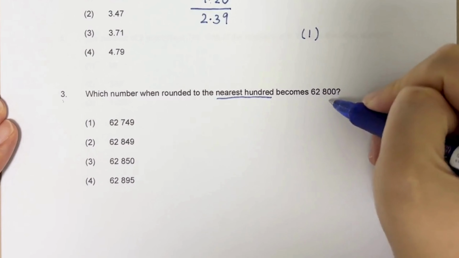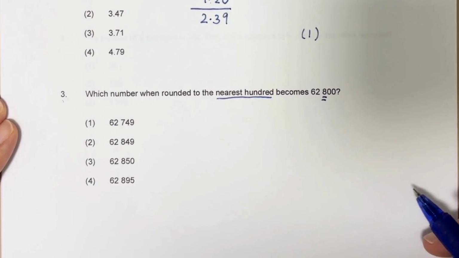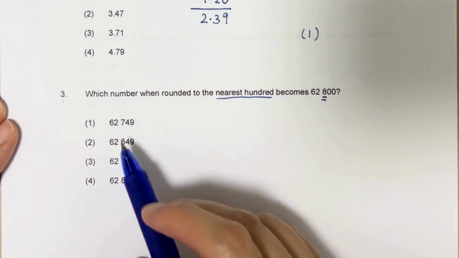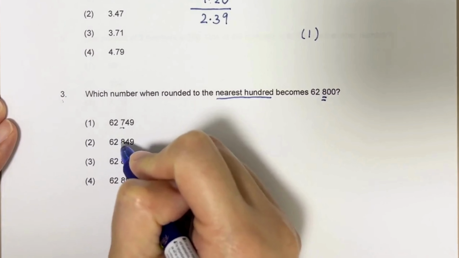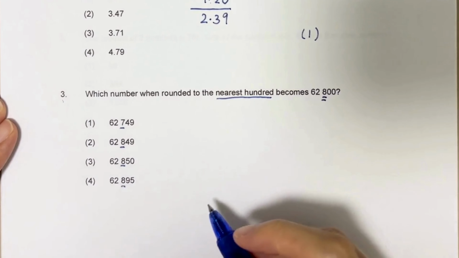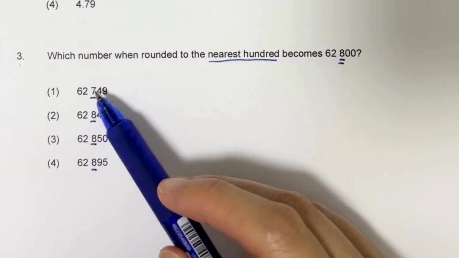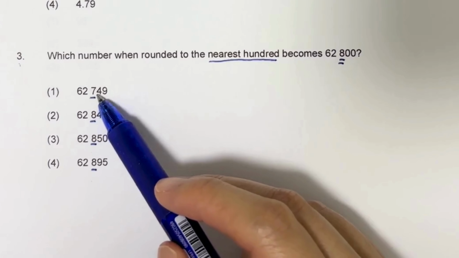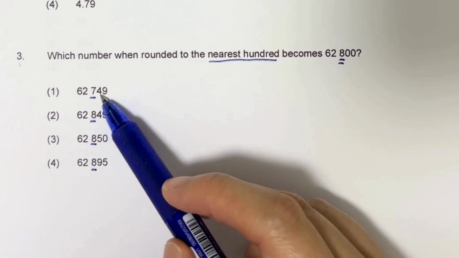Nearest 100, so let's mark up the 100 place, which is here. Let's look at all these options and underline the 100 place. When a number is approximated to the nearest 100, we should check the digit at the tens place.